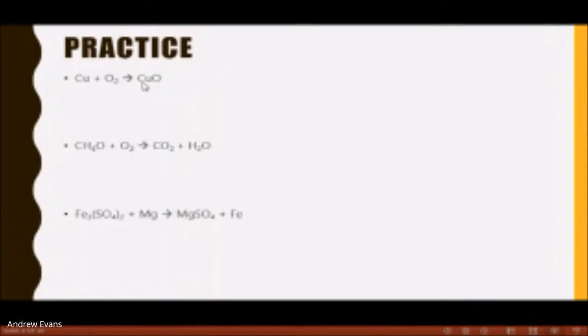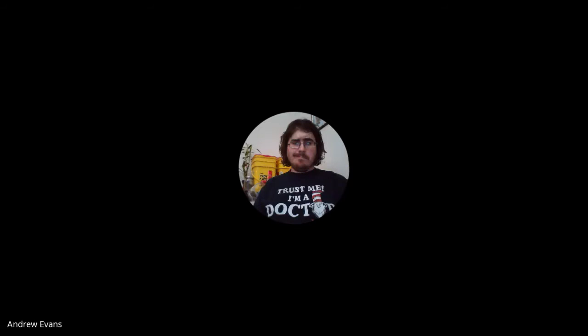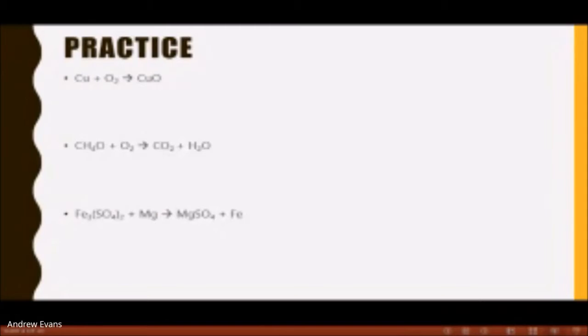When we double the copper oxide, now suddenly it's two copper on the right. So you have to go back and double the copper on the left. 2Cu, 2CuO. So we're not allowed to just say a half molecule of oxygen.